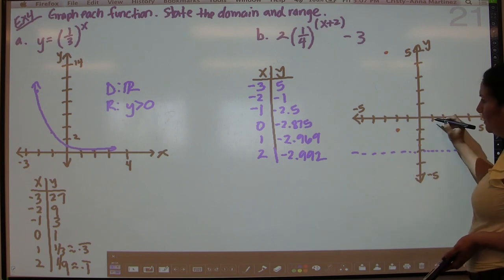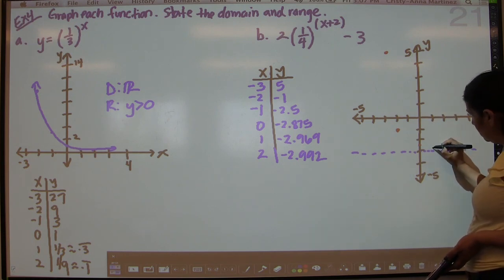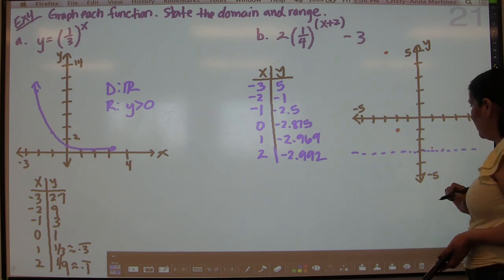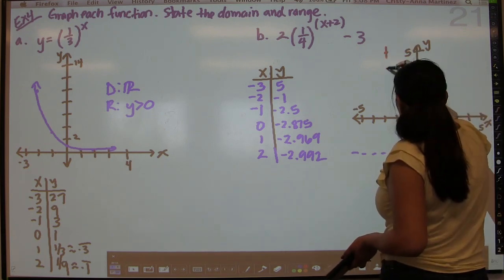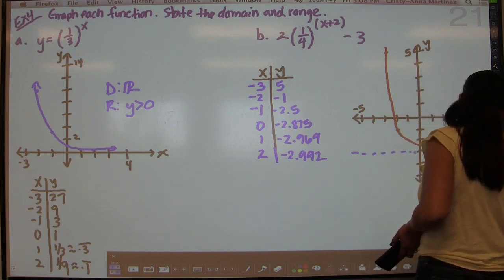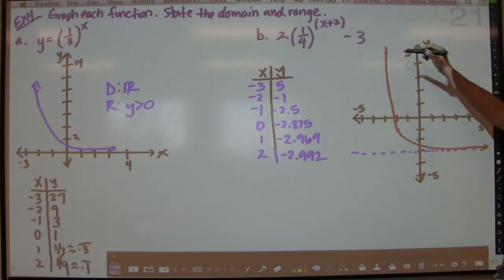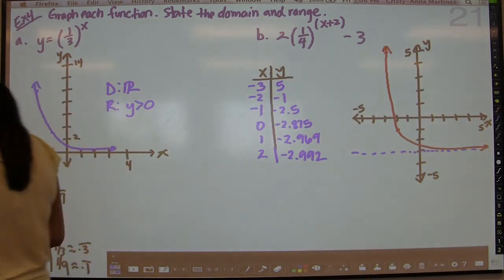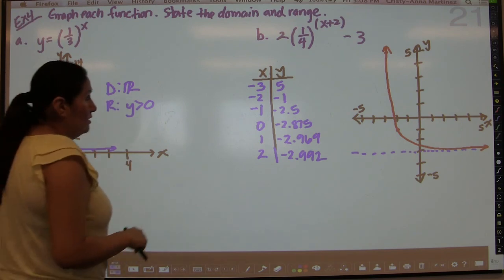And then 1 is going to be -2.9, so it's going to be really close here. And then finally 2 is going to be even closer, but not quite touching it. So we're going to end up with a graph like that. Alrighty, so just a matter of making a t-table for yourself and making sure that you're plugging in the numbers correctly.